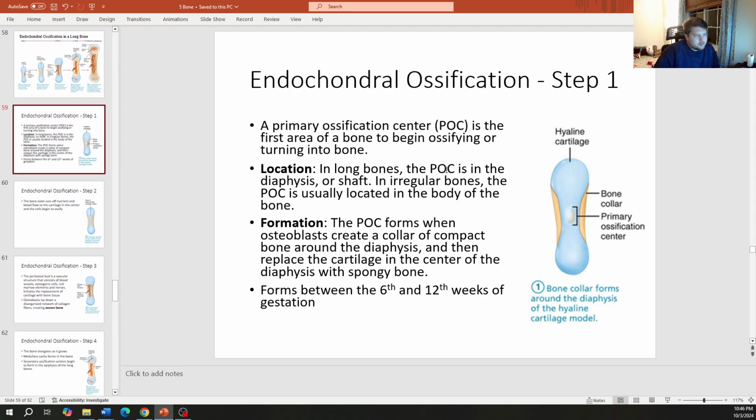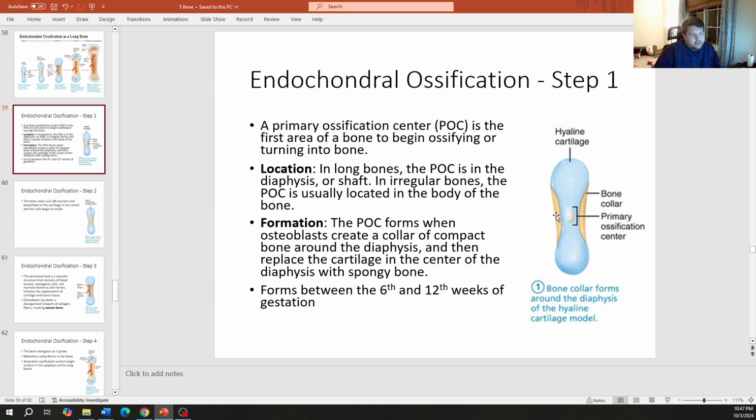In long bones, this is typically in the diaphysis, or the shaft of the bone. In irregular bones, usually it's located in the body of the bone, like in the vertebrae, within the vertebral body is the primary ossification center, with other secondary ossification centers coming up later on.